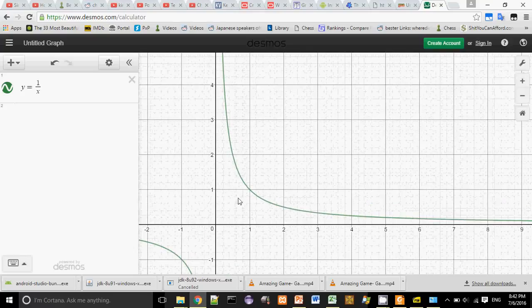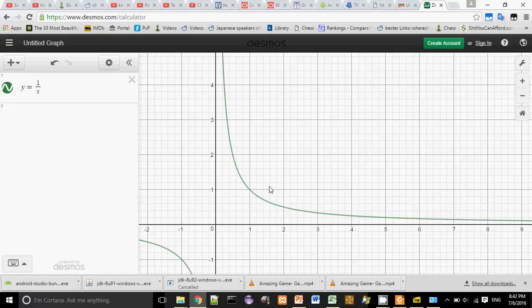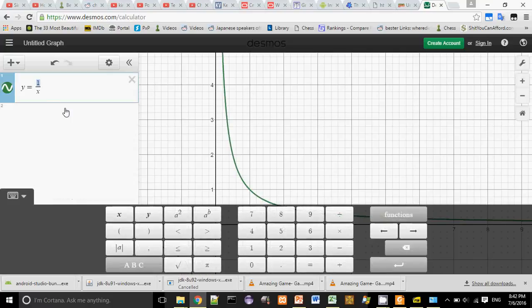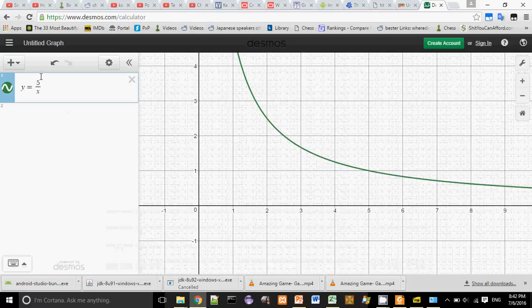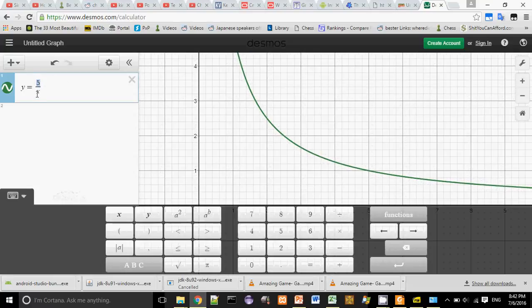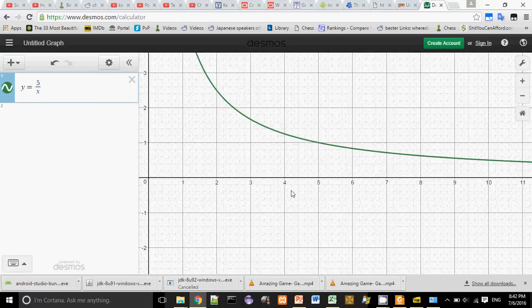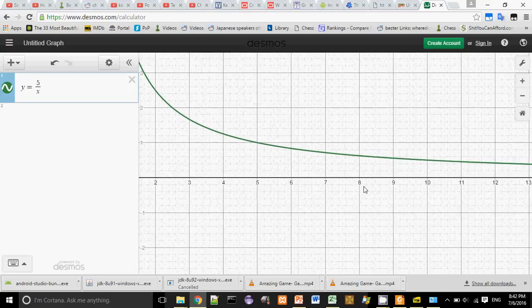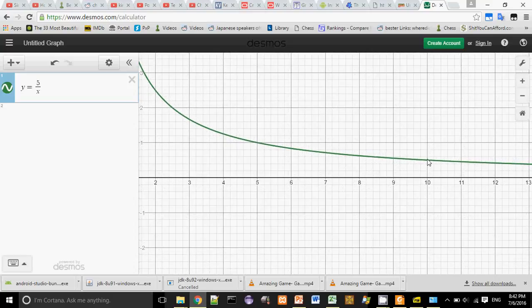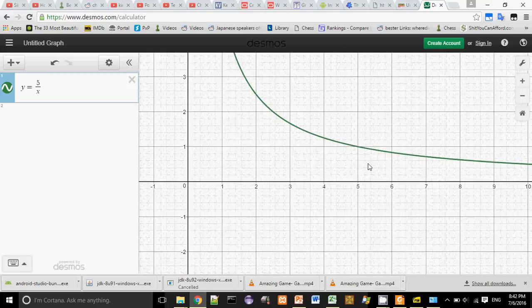This applies to quite a lot of things actually. So for example, distance, speed, and time is a good example. I'll put a number in here. If you want to travel 5 kilometers and you travel at 5 kilometers per hour, it'll take you 1 hour. But if you travel at 10 kilometers per hour, it'll only take you half an hour.